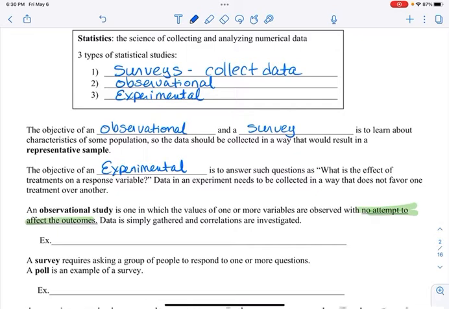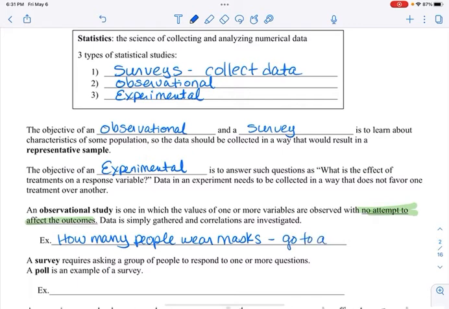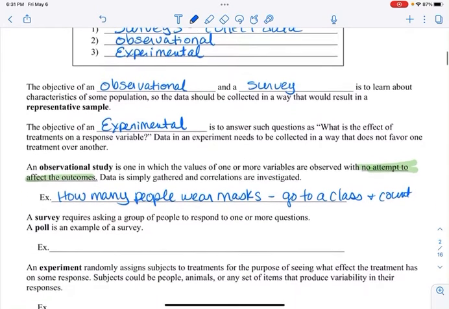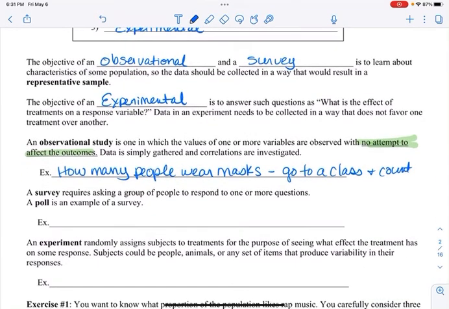An example of this, if you wanted to see how many people wear masks. Well, you could merely just go into a class and count. Or walk down the hallway and count. You're just observing. You're not doing any experiment of any kind.